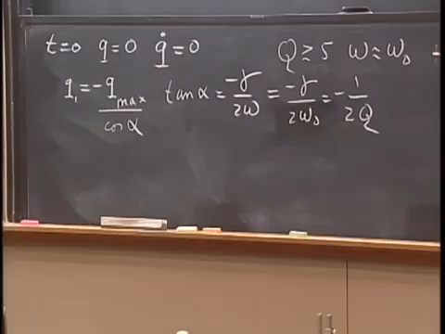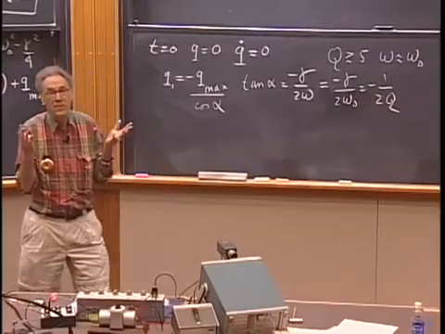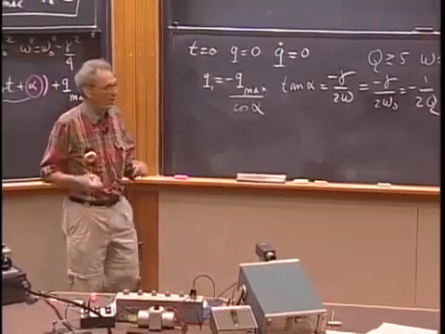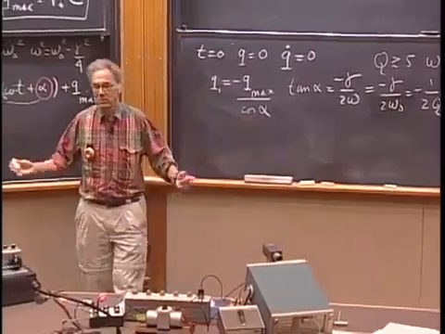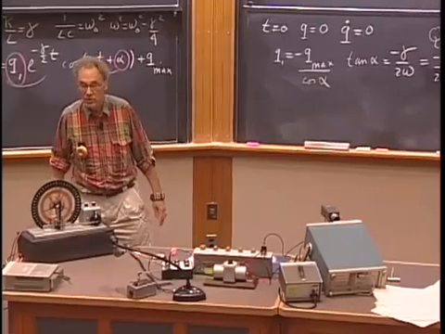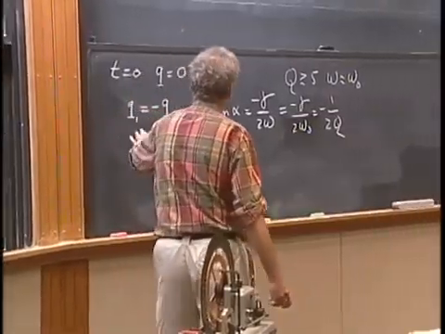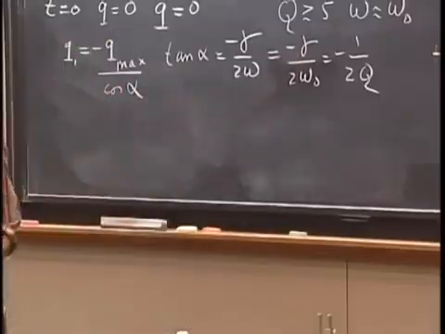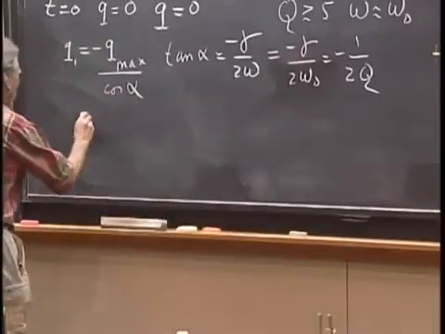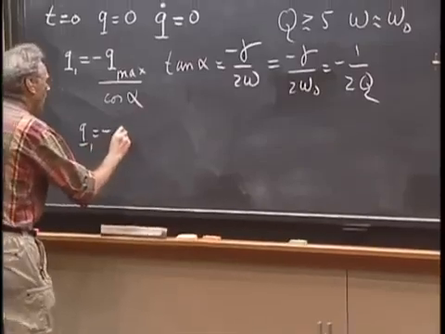So that means that alpha is only something like 5.7 degrees with a minus sign. And the cosine of 5.7 degrees is 1, for a physicist at least. So therefore, for all systems whereby Q is not absurdly low, you can say that Q1 equals minus Qmax.